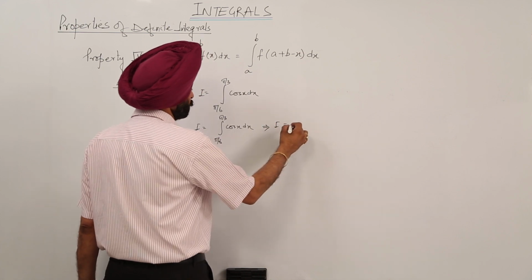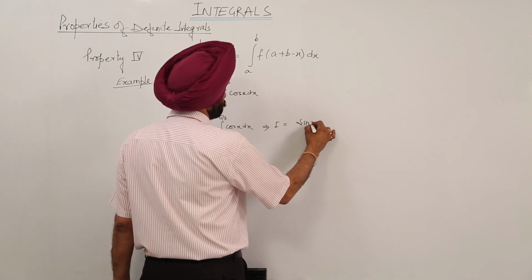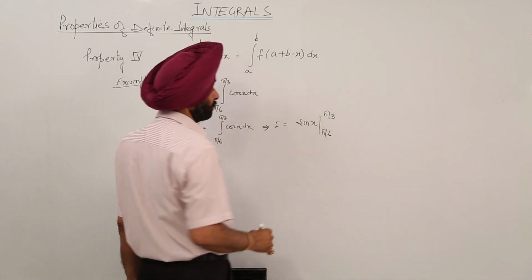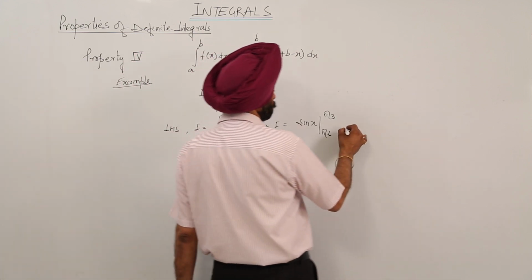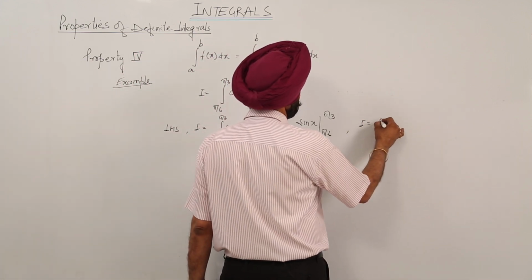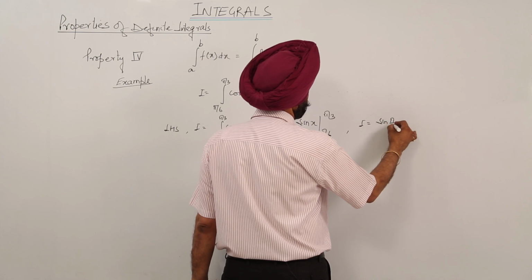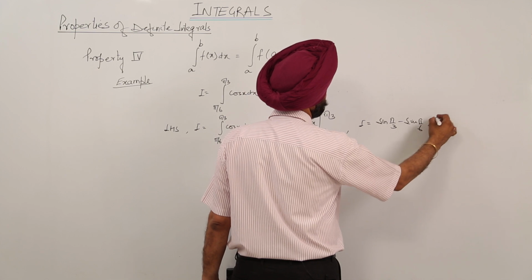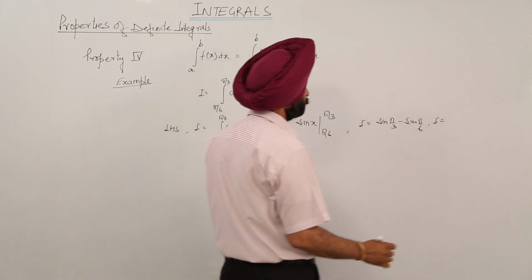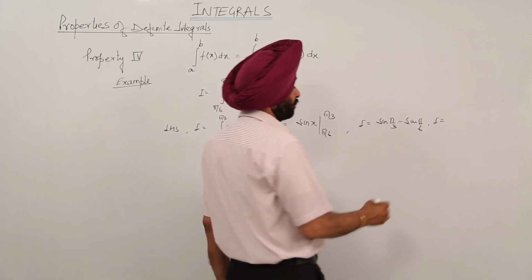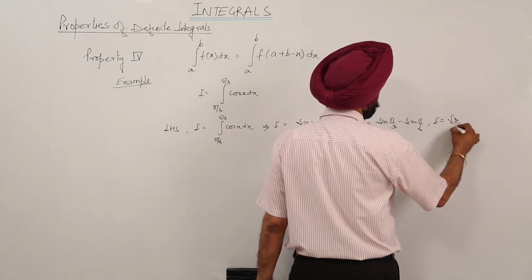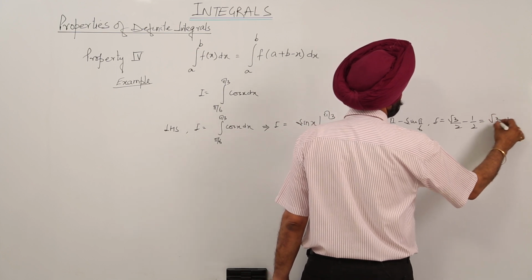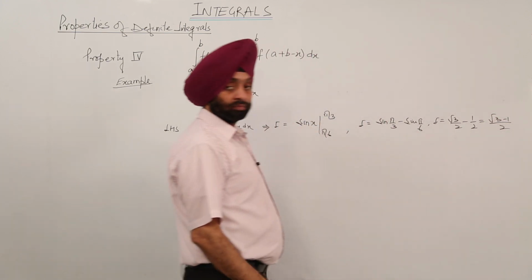Now this we are getting sin x from pi by 6 to pi by 3, and further sin pi by 3 minus sin pi by 6, and this is equal to root 3 by 2 minus 1 by 2. This is equal to root 3 minus 1 upon 2.